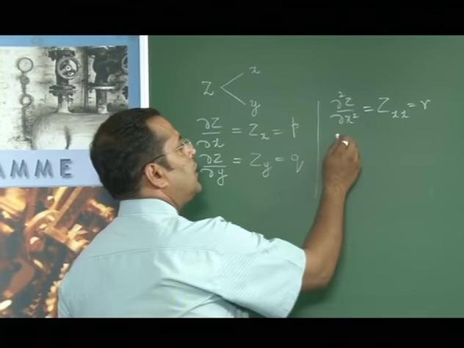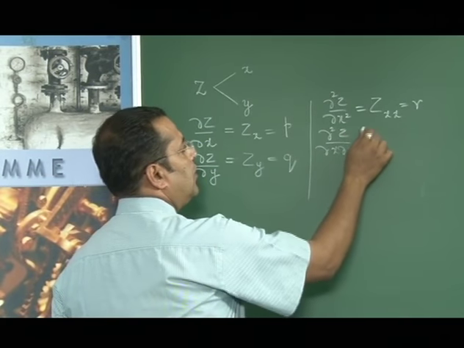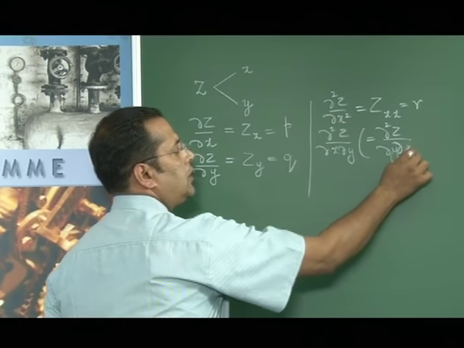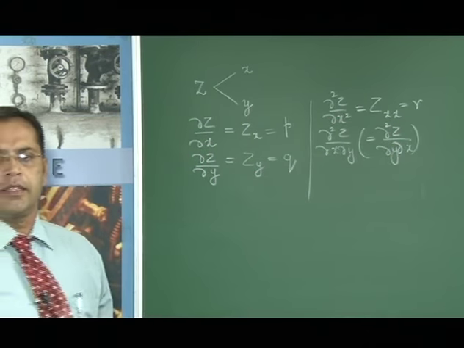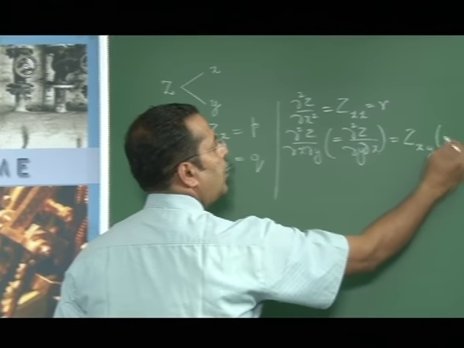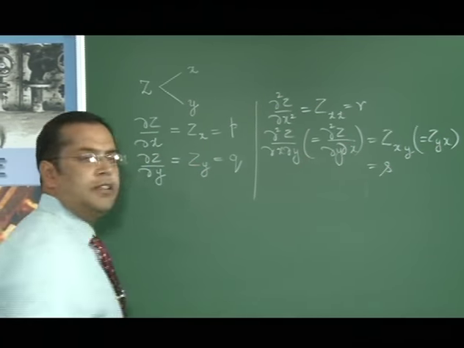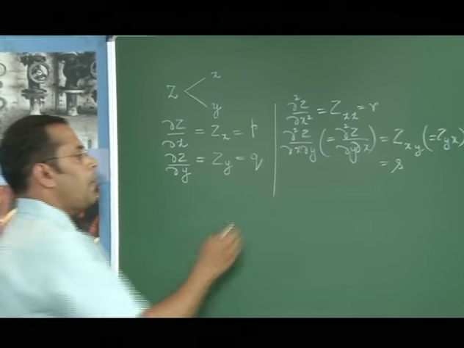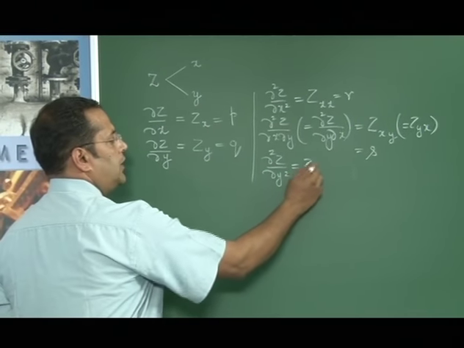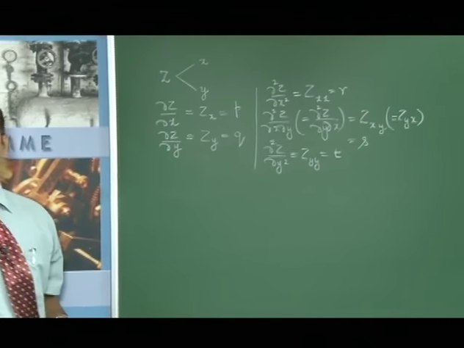Then dou square z by dou x dou y, which is also the same as dou square z by dou y dou x. Using notations, this is z subscript xy or z subscript yx, this is s, and finally dou square z by dou y square, which is z subscript yy, is denoted by t.